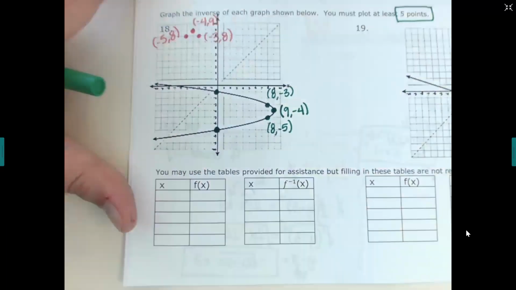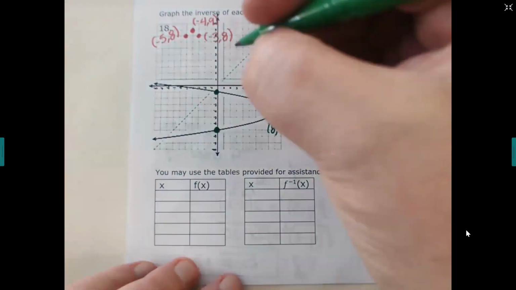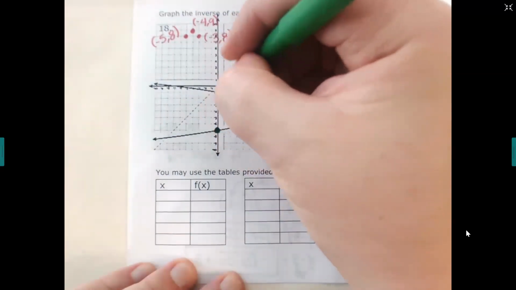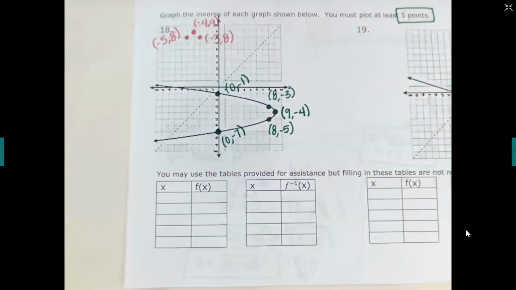Okay. But if you want to do it in the chart, that's totally fine. I'll put them on there for you if you need it. Then last 2 points. This is 0, negative 1, and 0, negative 7. So then when I flip those 2 points backwards, it'd be negative 1, 0, and negative 7, 0.